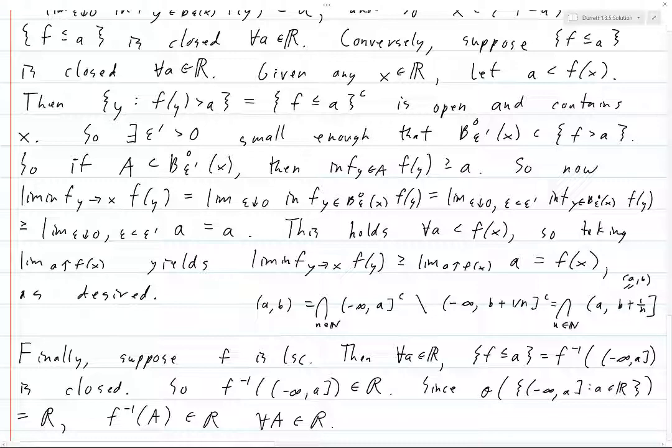Because the inverse image of a generating set is in R, so the inverse image of the entire sigma algebra is in R. I think this also uses a lemma that we proved in a previous exercise, which is that to prove that a function is measurable, it suffices to prove that it's measurable when you take the inverse image of a generating set of the sigma algebra in the codomain. Okay, so thus f is measurable. I'll just write this. Because this is precisely the definition of measurable: you need the inverse image of any measurable set to be measurable.